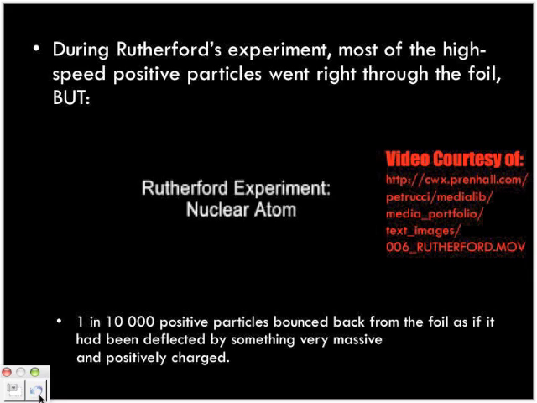During Rutherford's experiment, most of the high-speed positive particles went right through the foil. So we said, well, if we shoot this current through, it should all pass through this gold foil. But what we noticed was there was something else that happened.